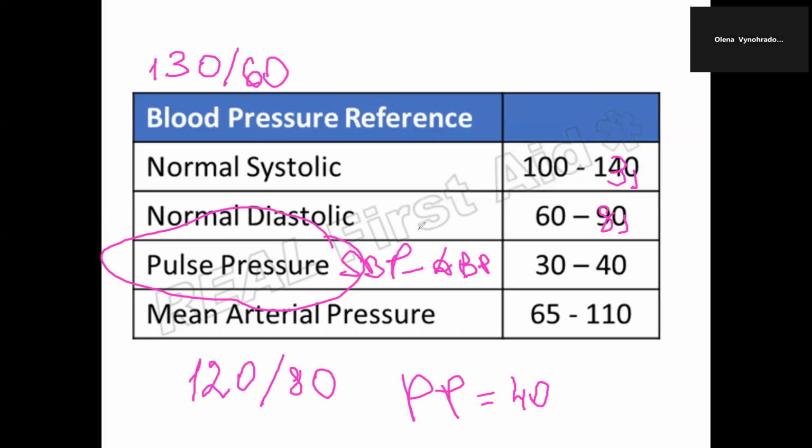This is not normal. Usually this happens when, as I told you, systolic is responsible for the heart, but diastolic is responsible for vessels. And usually this happens when vessels are too dilated and the heart tries to compensate.